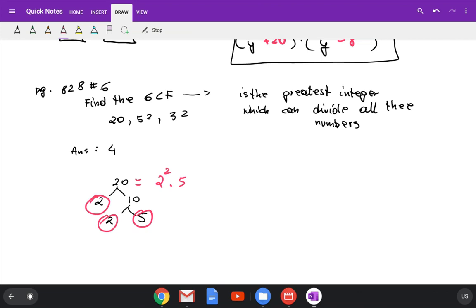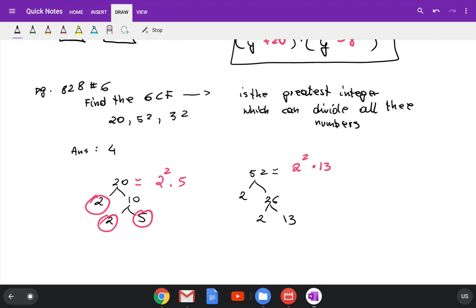And then I'm going to do the prime factorization of 52. The first prime number is 2. 52 divided by 2, we're going to get 26. 26 divided by 2 will give you 13. So you can rewrite 52 as 2 to the second power times 13.